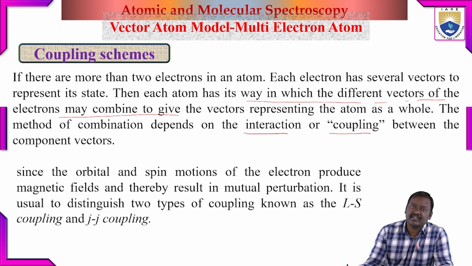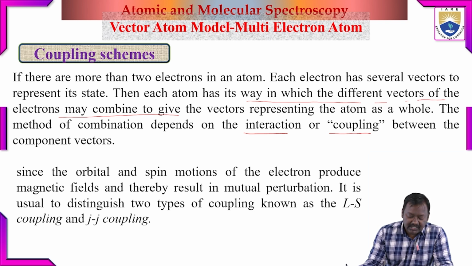Maybe simply we can say the coupling between the electrons inside the atom. Based on this coupling, we can describe the state of the atom. So this can be done by using the component vectors, whatever we say about the quantum numbers. So component vectors play a very important role in describing the state of the electron and the state of the atom also.